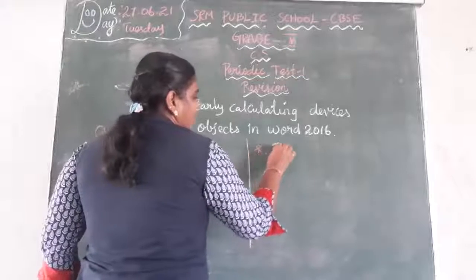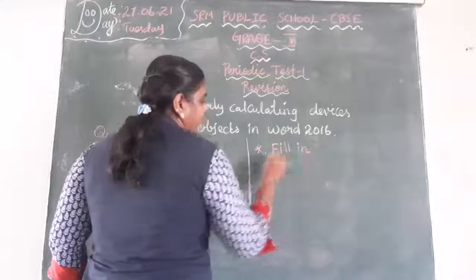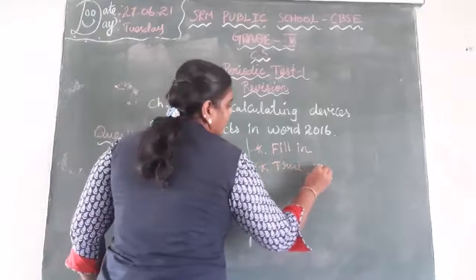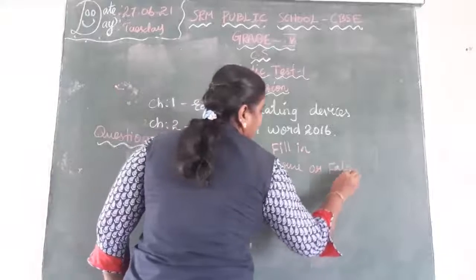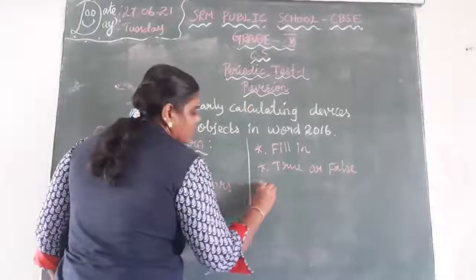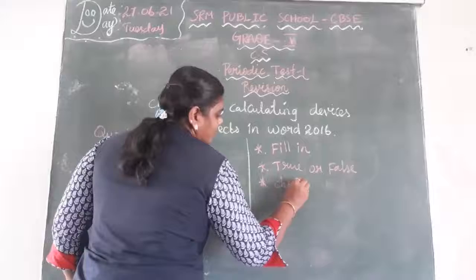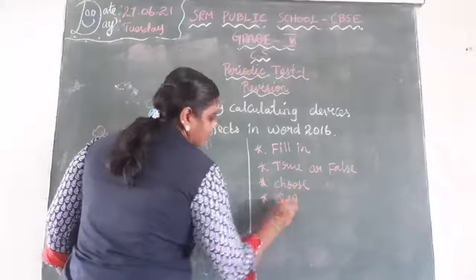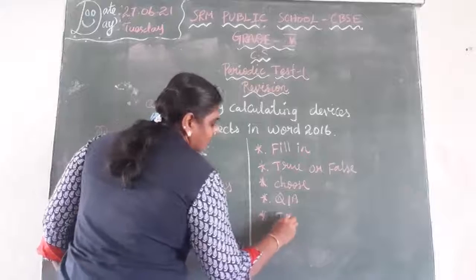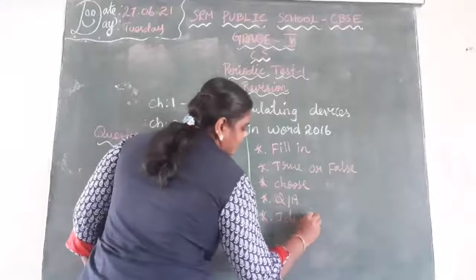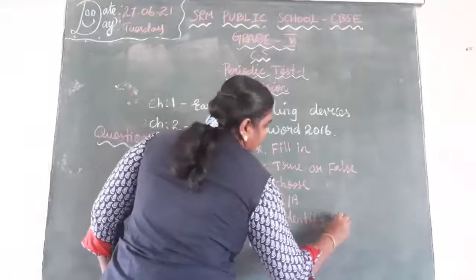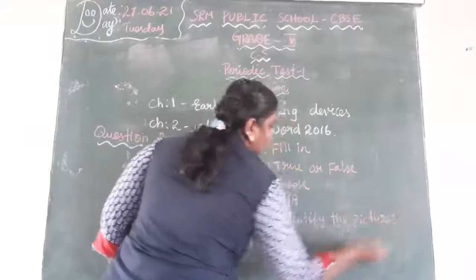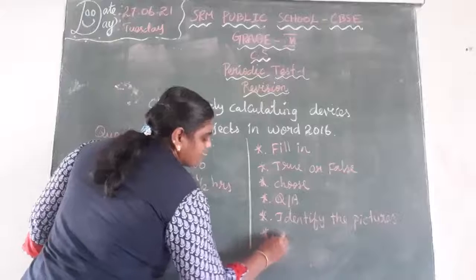First one, fill in the blanks. True or false. Choose the correct answer. Question and answer. Identify the pictures. Shortcut keys.